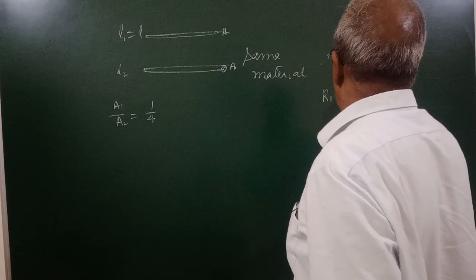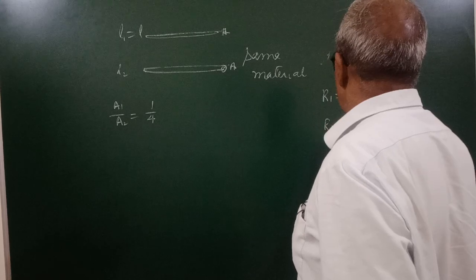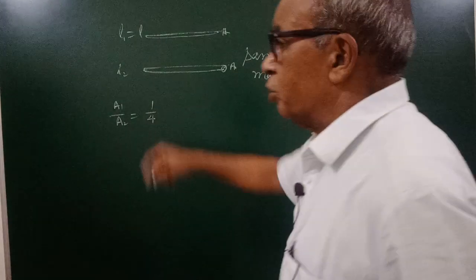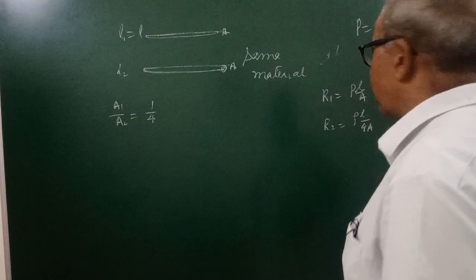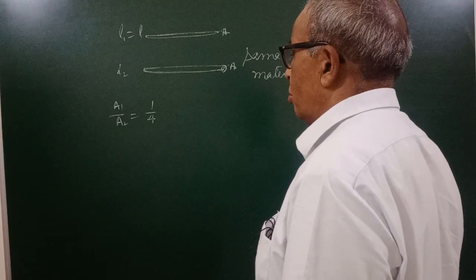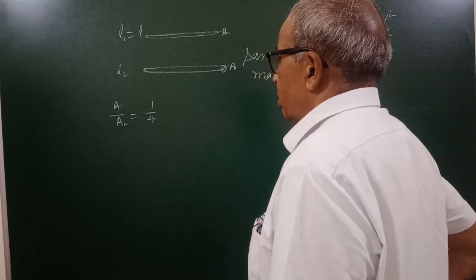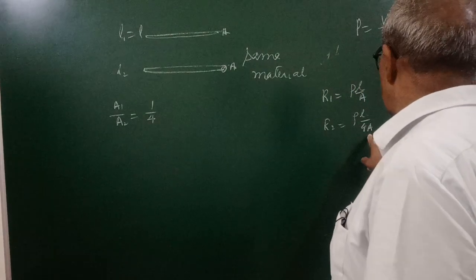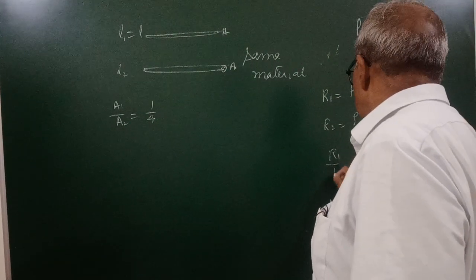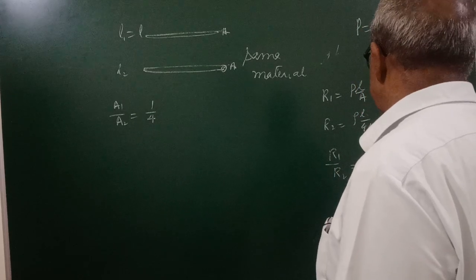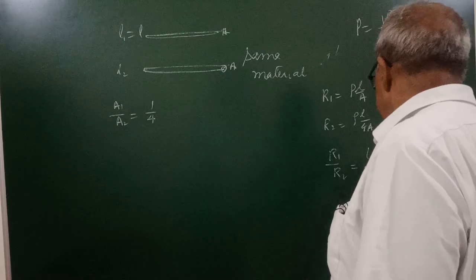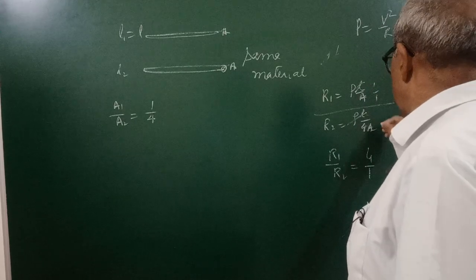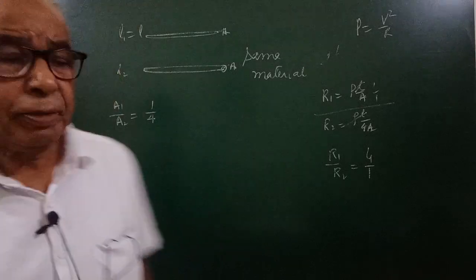Resistance R1 equal to rho L upon A. R2 equal to rho L upon 4A, because A2 is 4A, since the ratio is 1:4. So R1 upon R2 comes out to be 1 upon 4 by... if we divide, this cancels, this cancels, 4 by 1.